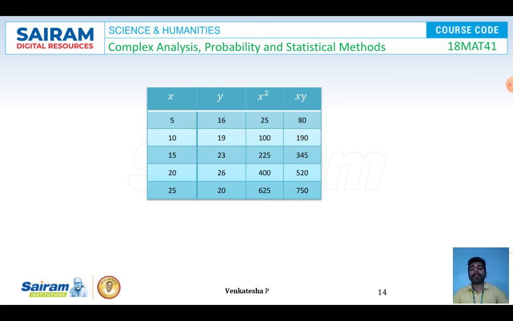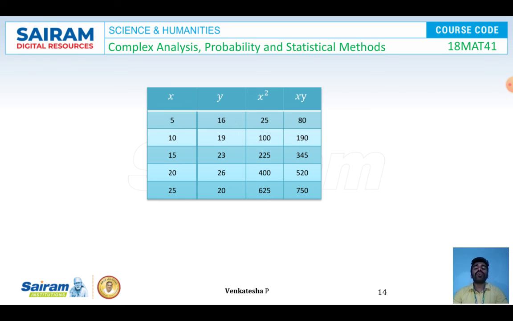The tabular column must have x, y, x square, xy. X is given as 5, 10, 15, 20, 25. Y is given as 16, 19, 17, 23, 26, 20. So x square is obtained by squaring all the x values. I got 25, 100, 225, 400, 625. Xy is given by 80, 190, 345, 520 and 750.